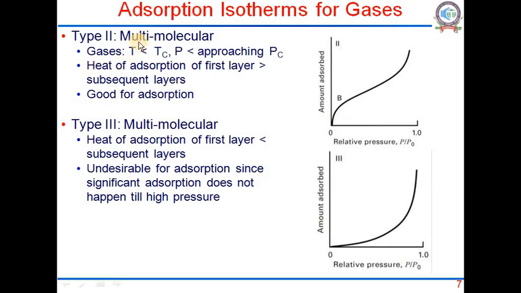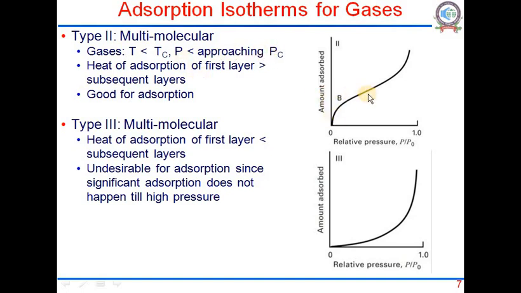The second type of adsorption isotherm is called type 2. It is a multimolecular adsorption. That means a layer of the solute is adsorbed, on that layer another layer, and on that layer another layer, so that several layers can be adsorbed onto the surface of the adsorbing material. This is observed for gases below the critical temperature, with pressure approaching the critical pressure.